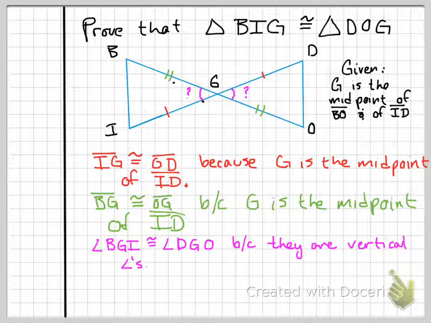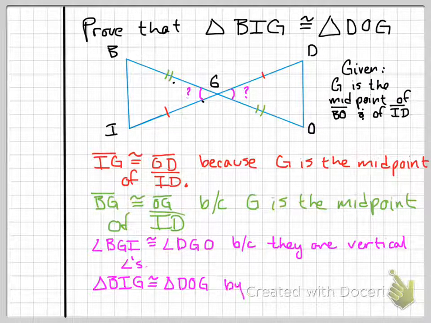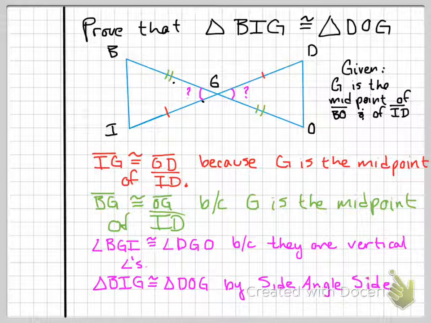So I can say, by the side angle side postulate, triangle BIG is congruent to triangle DOG by side angle side. And that's our first example of a triangle congruence proof.